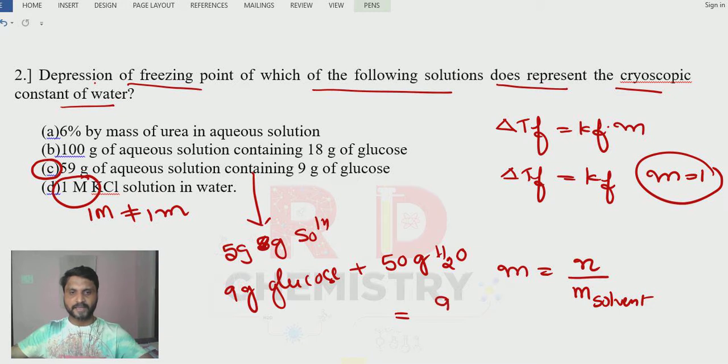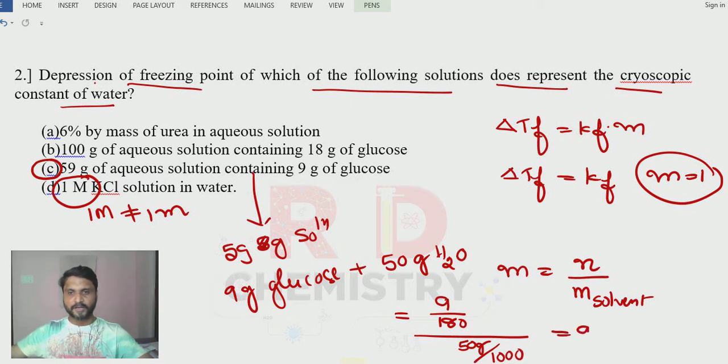Given mass 9 grams divided by the molar mass of glucose. Remember, glucose is 180. Divided by the mass of solvent, 50 grams converted into kg, so divided by 1000.